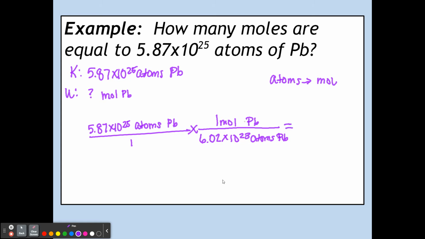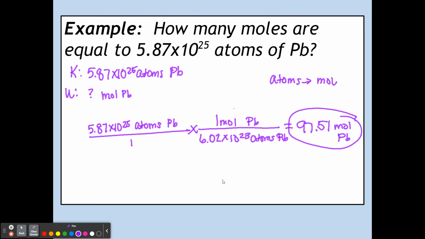And then we're going to divide that. And our answer, hopefully you guys got the same thing I did, 97.51 moles of lead.